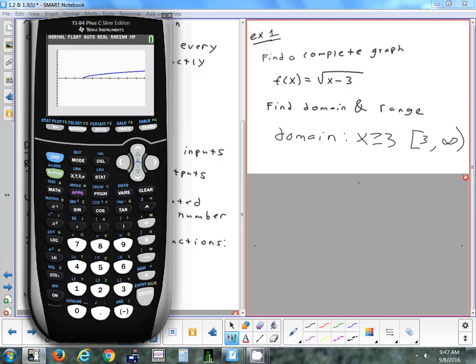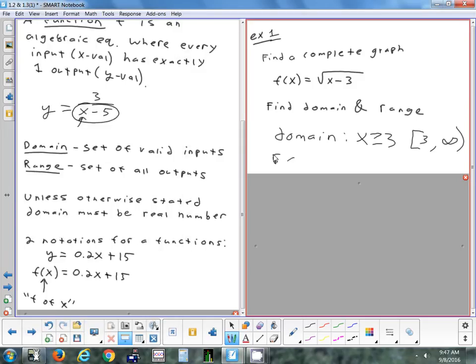Not all of them, because this graph doesn't go up and down forever. It's only really going in one direction on the y values. Yep, Denver? Greater than or equal to 0. Yeah. For the range, you're never going to get numbers that are negative. You're only going to get numbers from 0, including 0, and up.